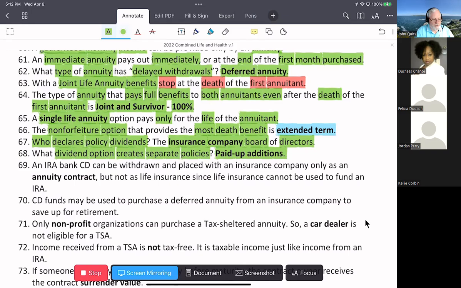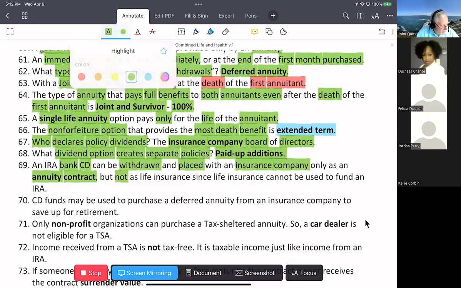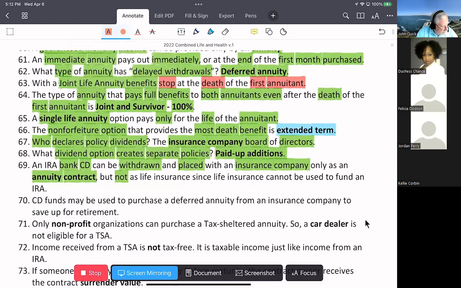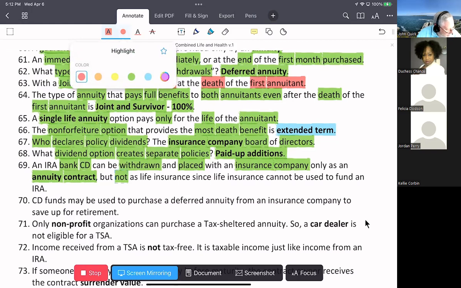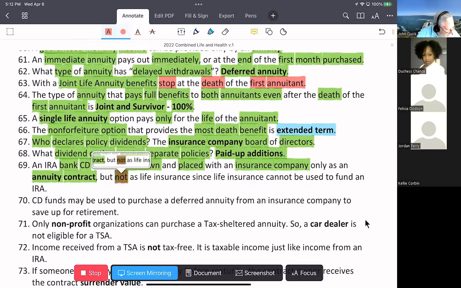Now, this one is a little bit tricky. A bank CD can be withdrawn and placed with an insurance company as an annuity contract, but you can't use a CD to buy life insurance. Life insurance cannot be used to fund an IRA.